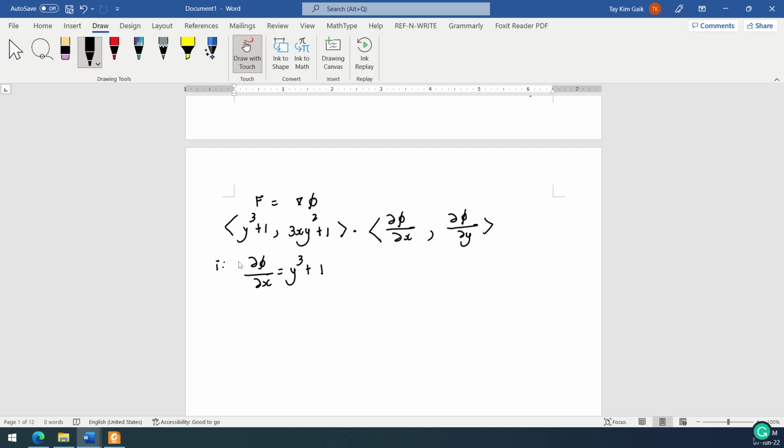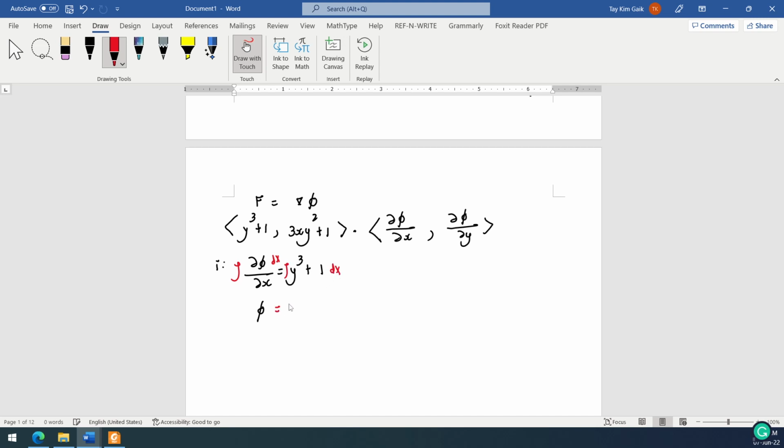To find phi, to eliminate this del x, you have to integrate both sides. That's why you get phi, because when you integrate with respect to x, integration and differentiation cancel, and you get phi. This side you also integrate with respect to x.